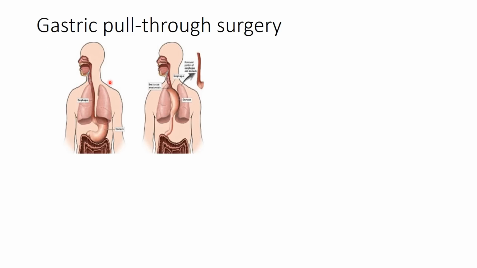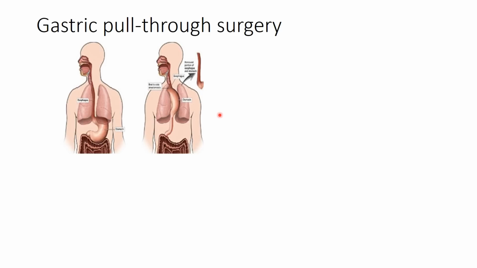So they will take out the esophagus, and what they do is they pull the stomach up into the chest and attach it to the very proximal esophagus or to the oropharynx. So the stomach is no longer in the abdomen, the stomach goes up into the chest. And of course, this causes problems with reflux and stuff as well.